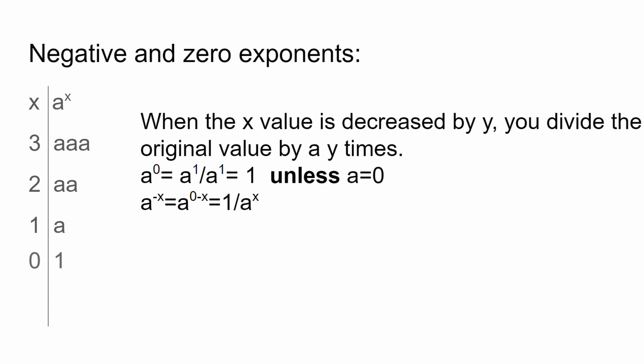And when a is 0, it will be undefined, since a to the x, if x is a positive number, will be 0, and 1 divided by 0 is undefined.